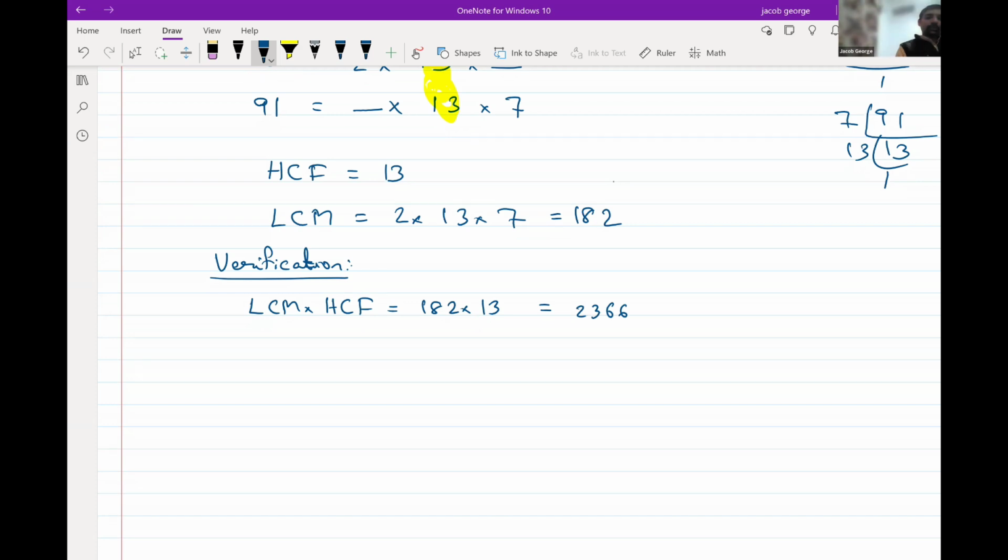Then the product of the numbers. What is the product of the numbers? Multiply 26 into 91. Is it the same? Yes, all of you please multiply and tell me. Those who got the answer online, you can send it in the chat box.